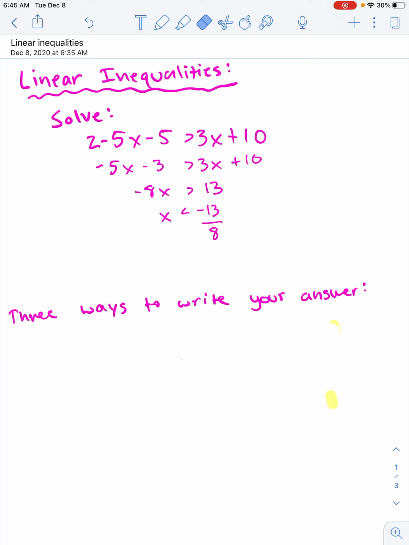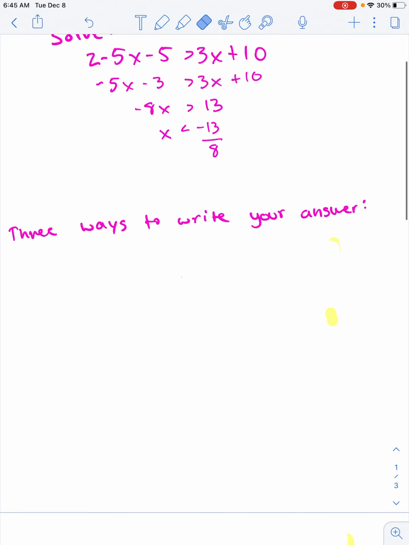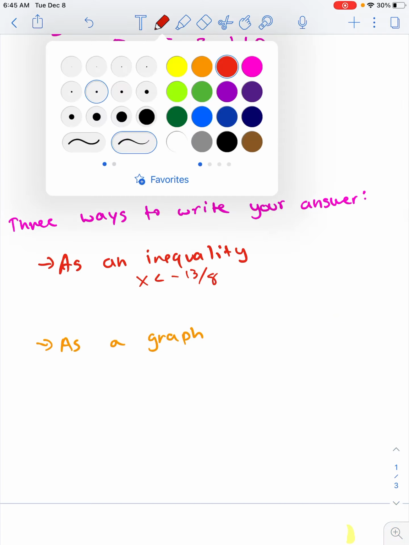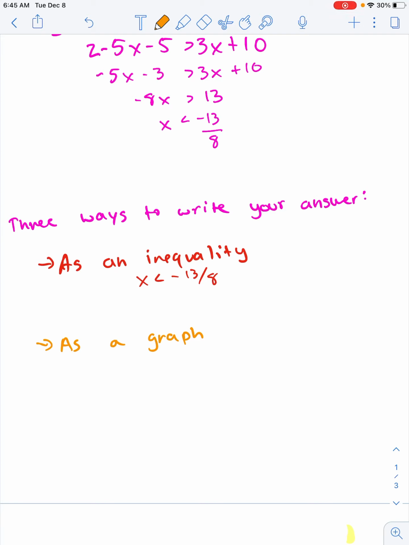But I want to talk a little bit about how you could write your answer. So first, you could write your answer as an inequality, which is what I've already done up there. So that's just like x is less than -13/8. Okay, that's kind of natural just from where we ended up. Let's talk about another way. You could also write it as a graph. So for a graph, you need to make a number line.